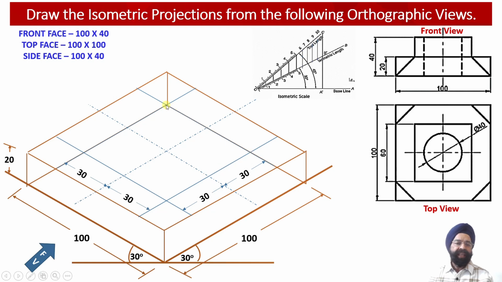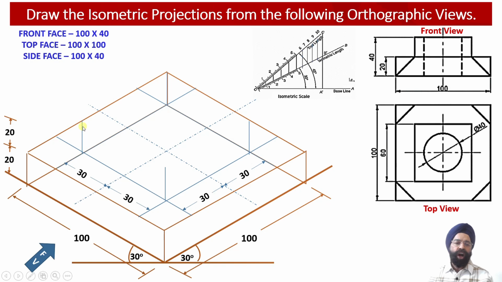So we know that the height of this second element happens to be equal to 20 millimeter. So now we are going to mark this height equal to 20 millimeter from corner number 1, corner number 2, corner number 3 and corner point 4.